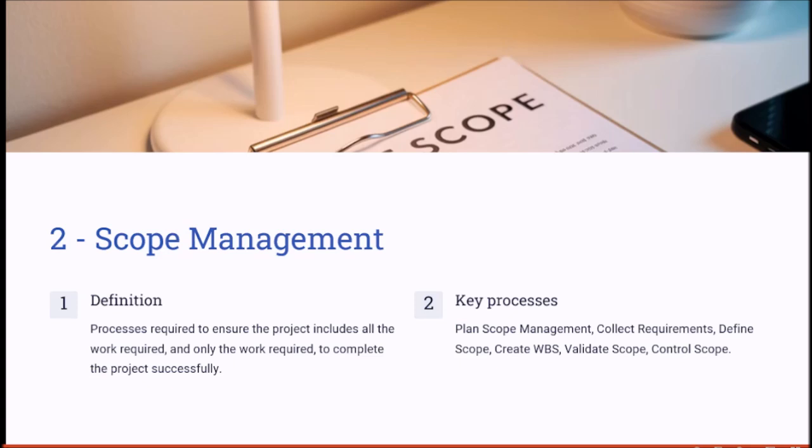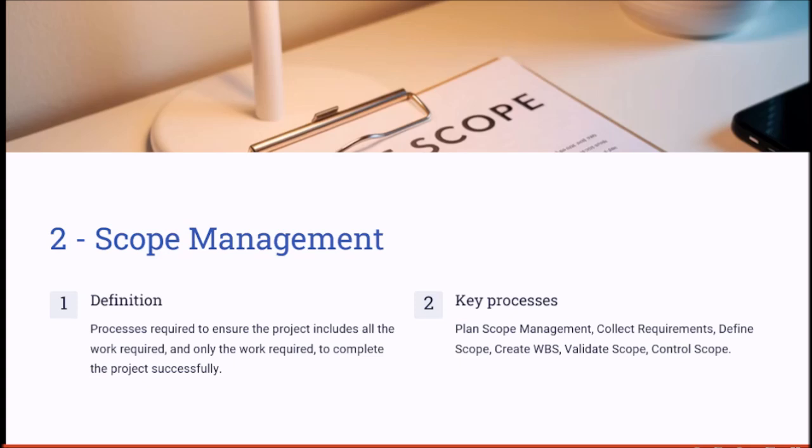The key processes involved include plan scope management, which creates the scope management plan that documents how the project scope will be defined, validated and controlled. The next key process is collect requirements, which determines, documents and manages the stakeholder needs and requirements to meet the project objectives.